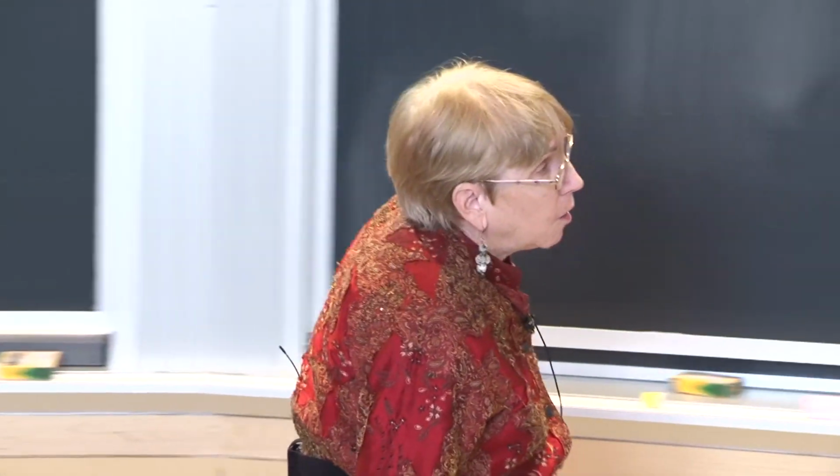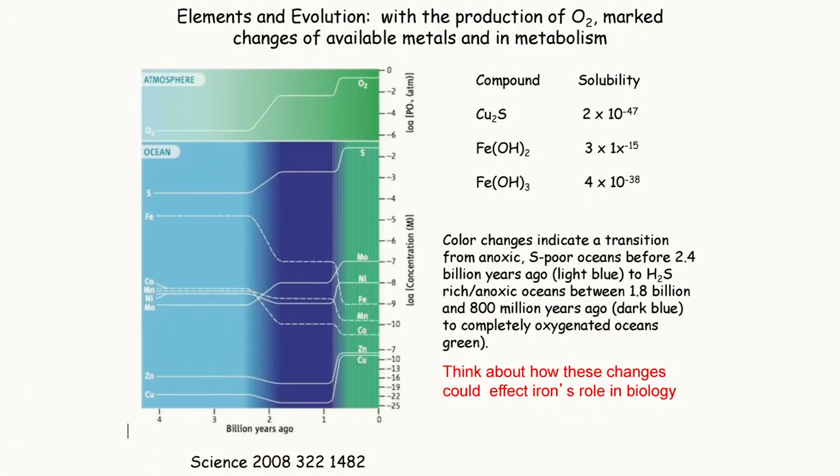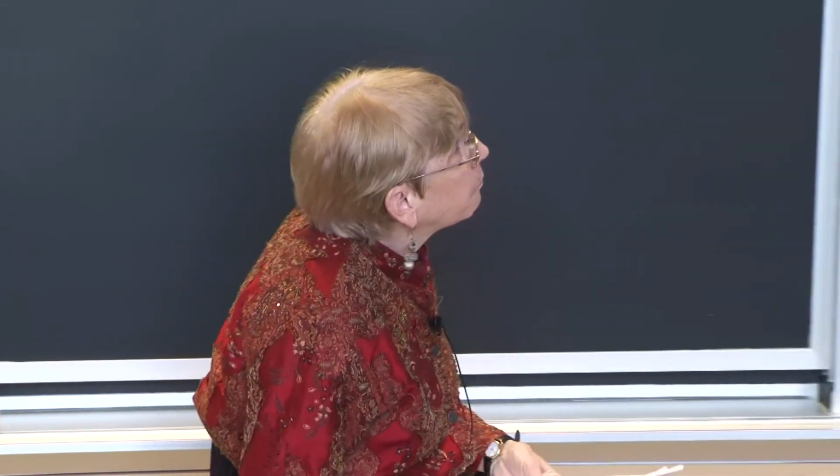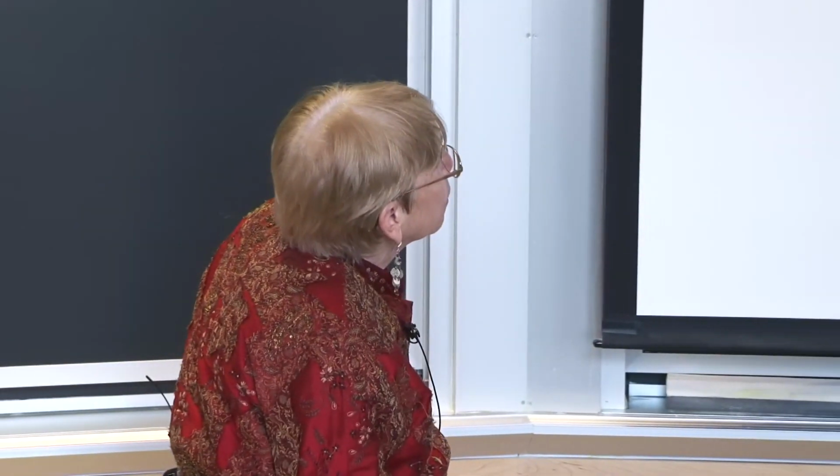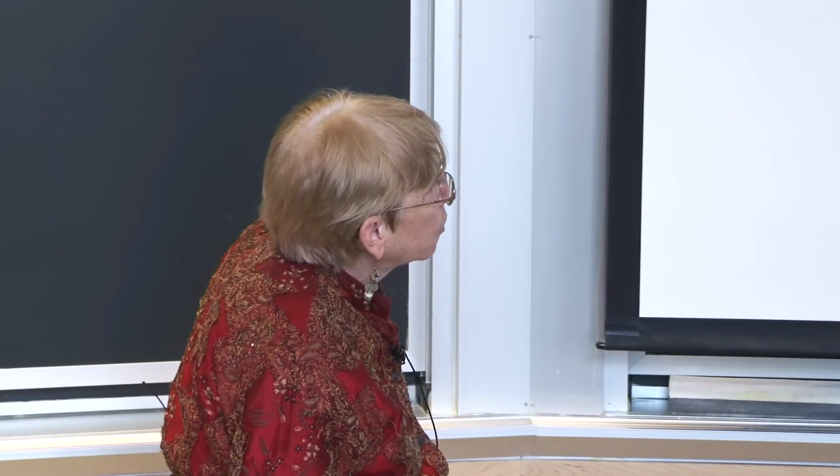Iron sulfur clusters play a key role, for example, in DNA replication. Okay, so thinking about where these iron sulfur clusters came from, you get some insight perhaps from looking at the geological record of what people think was occurring.